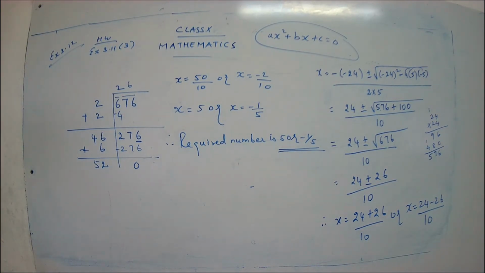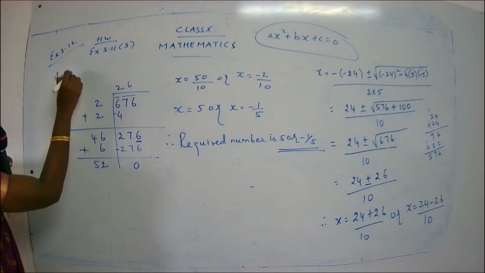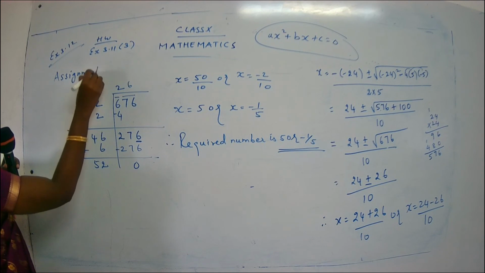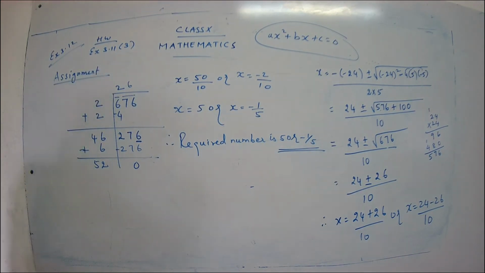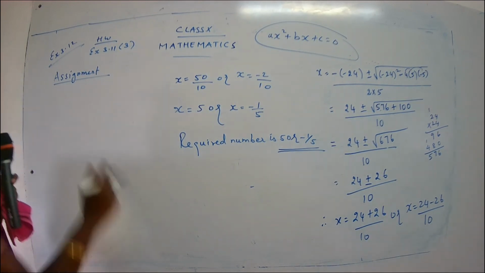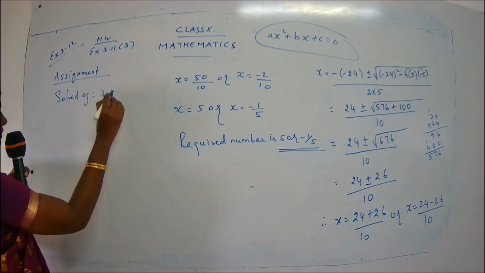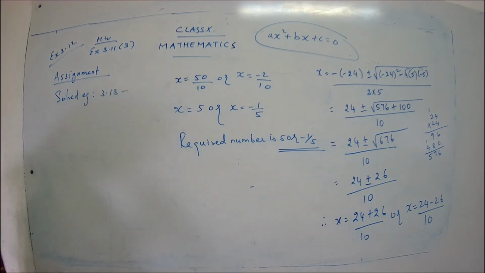Okay children, you are going to start from exercise, no sorry, not exercise, it's the example. So solved example or homework, I'll write the assignment over here separately. Assignment. Solved example 3.13. We have completed till 3.12, so we are just going to start from 3.13.